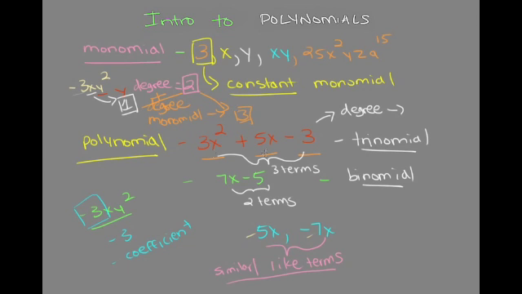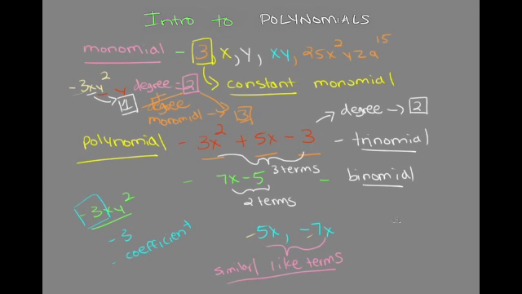The degree of this monomial is 1, and the degree of this monomial is 0. So the degree of the polynomial would be 2, because 2 is the greatest degree of its monomials. And when we arrange a polynomial, like it's done here, we always put it in descending order of degree. So we always put the greatest degree on the left and the smallest degree on the right.